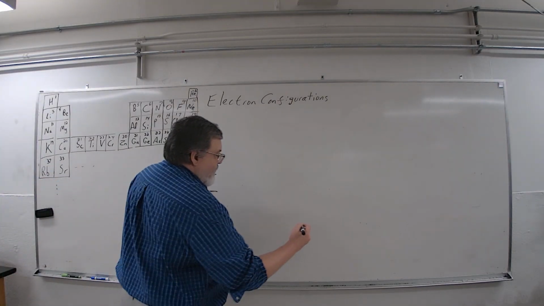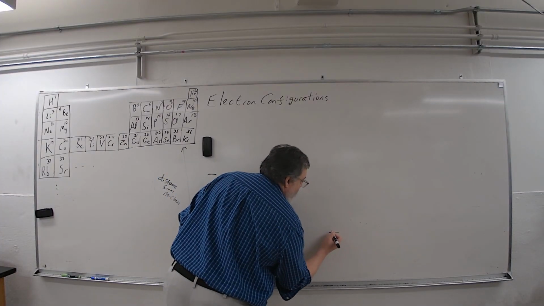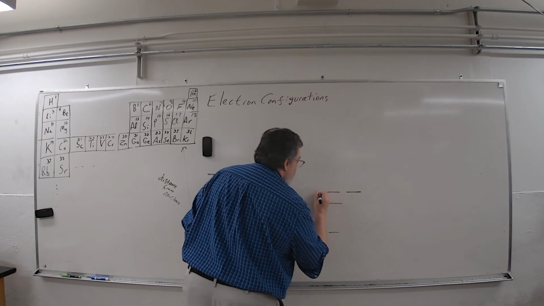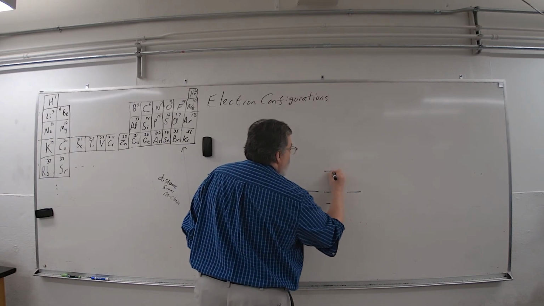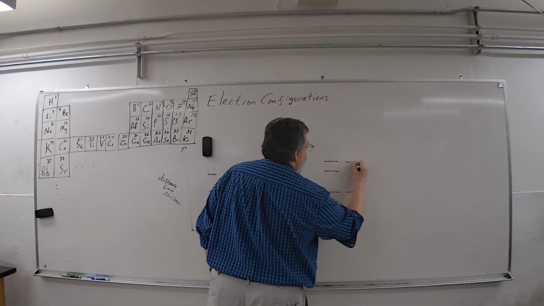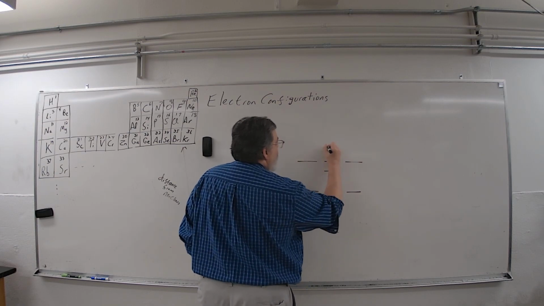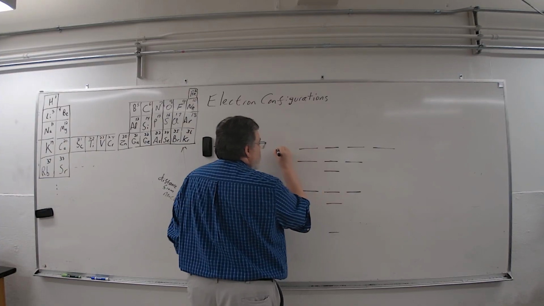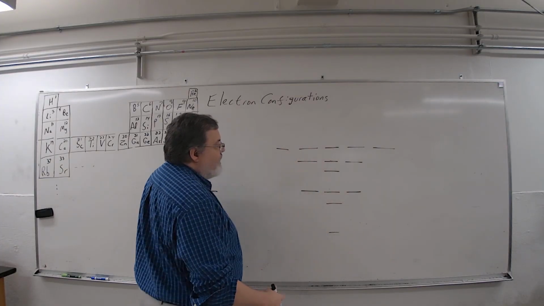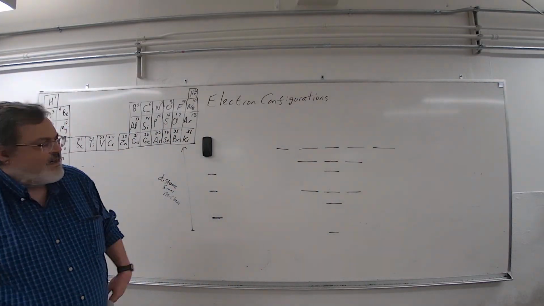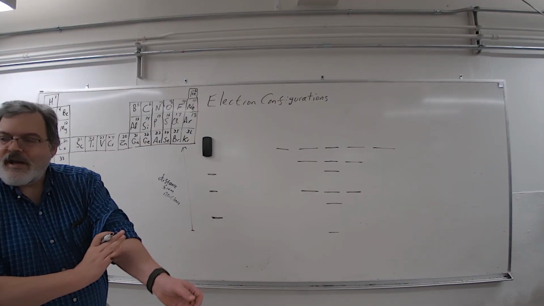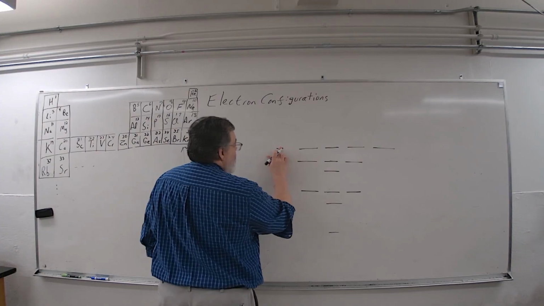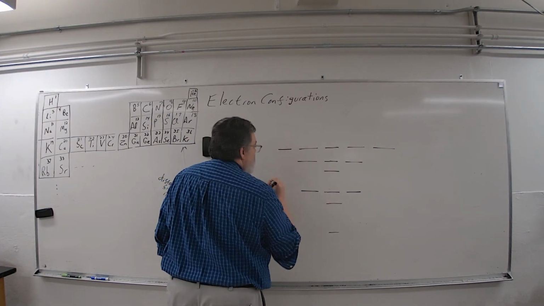Meaning, go 1, 1, 3, 1, 3, 5. And if you keep them neat and symmetrical like that, I call this the Christmas tree diagram. Books have stopped doing this. I don't know why, but this makes it very simple.